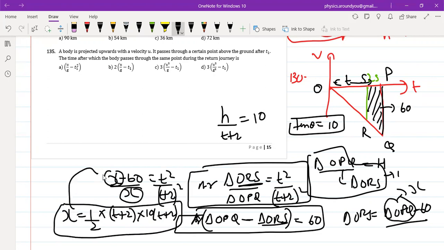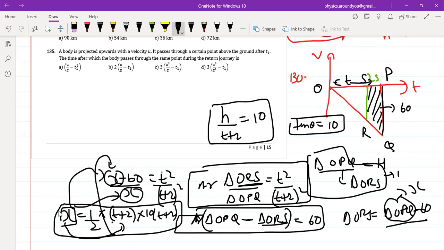You put the areas over here, you get the value of t. After finding the value of t, find the value of x. You put x in terms of t over here, you get an equation in t, solve for t, resubstitute that t over here, you will get the value of x. So this is the approach using VT.